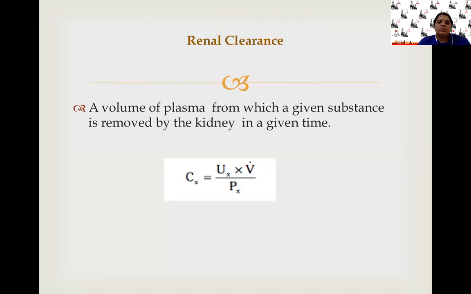So to measure the renal function, you should know about the renal clearance. Renal clearance is a useful way of looking at kidney function. Renal clearance is nothing but you can simply think of the kidney clearing a substance from your blood or plasma.